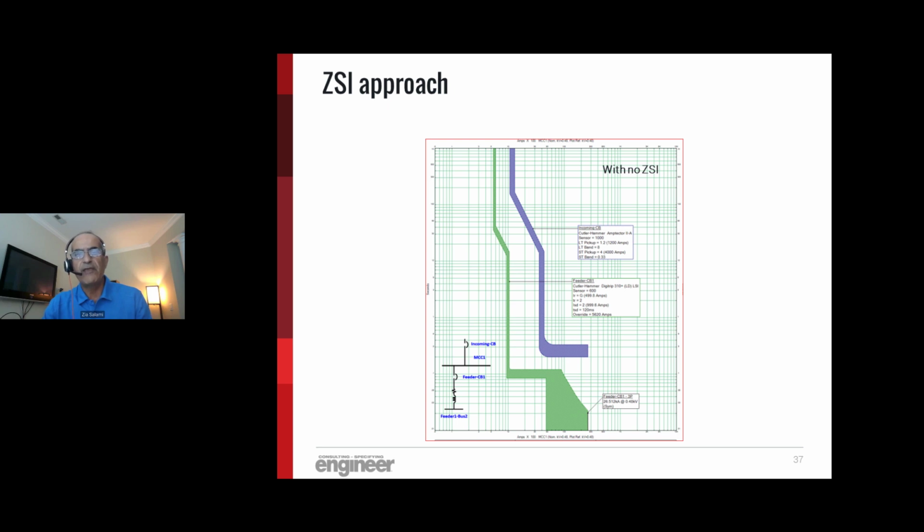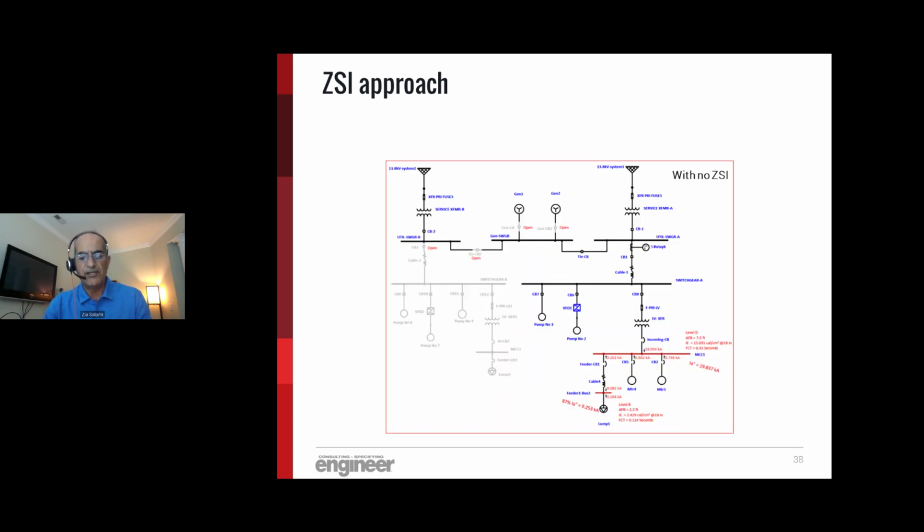Typically for LV systems, let's go back to our model one-line. If you remember, we were working on MCC1, which is right here. In normal conditions, let's say we are coordinating these two with no ZSI, no zone selective interlock. That's the rule of thumb: you have to coordinate the incoming breaker with the feeder breaker. That's fine so far, but let's look at the coordination as far as the arc flash incident energy calculation is concerned.